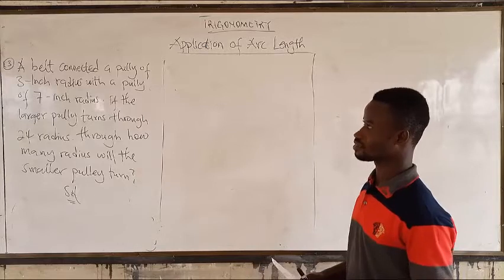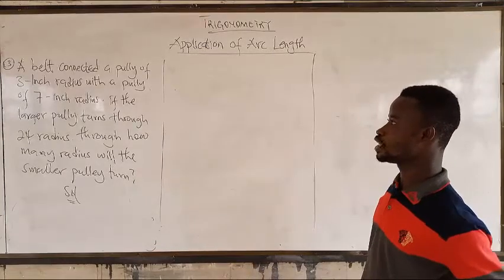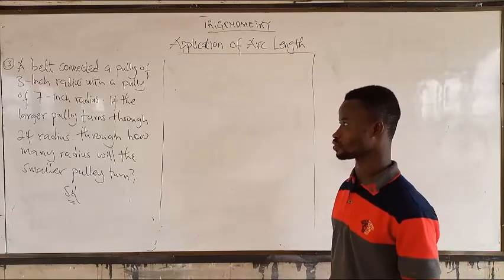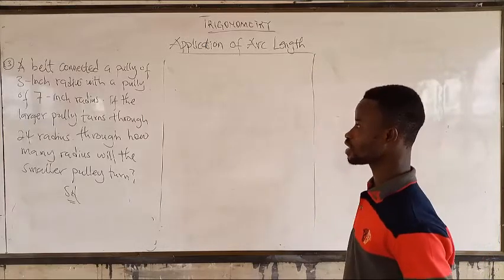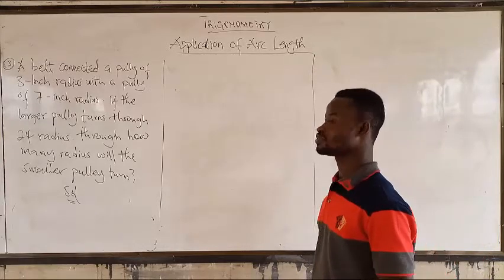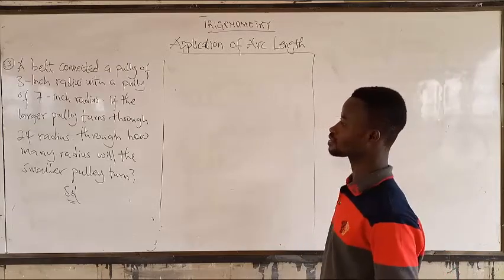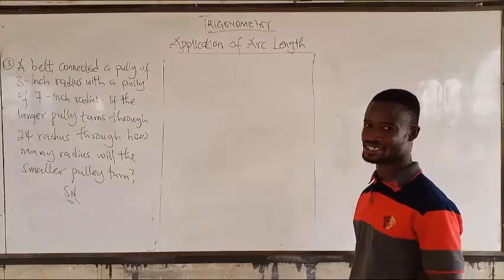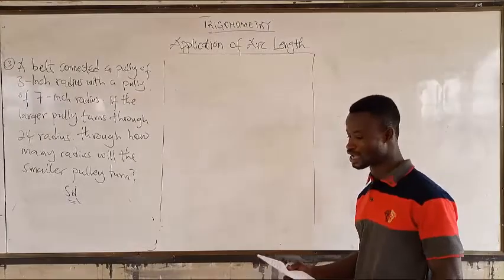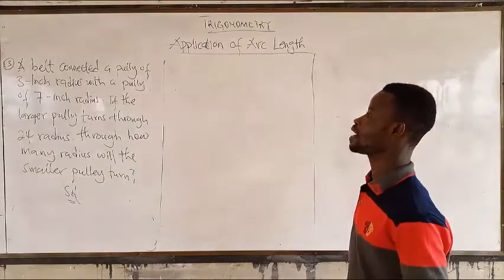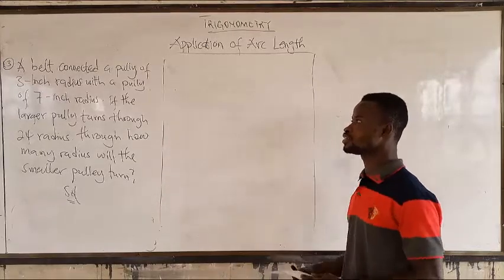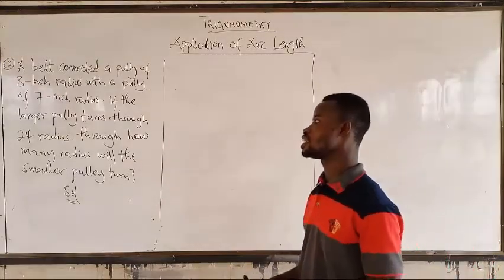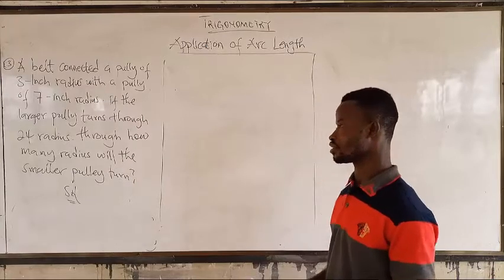A belt connected a pulley of 3-inch radius with a pulley of 7-inch radius.